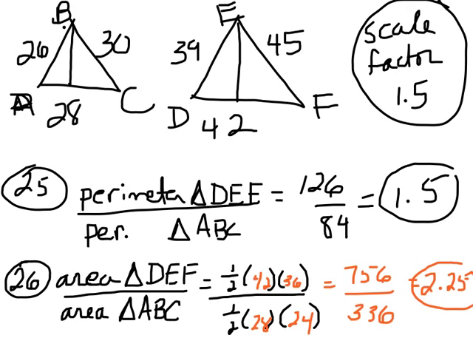So we don't get 1.5 here, we get 1.5 squared, and that's because the units on area are square inches or square whatever. Most people think it's going to be the same, but it ends up being this number squared just because it's affecting each dimension, so it gets kind of factored in there twice. And we're going to be taking some notes on this at the end of the week.